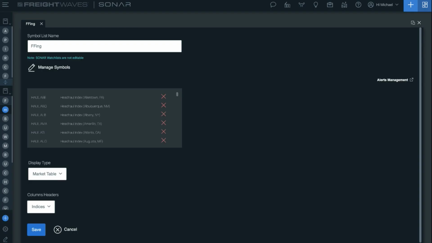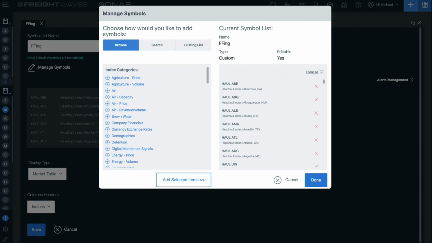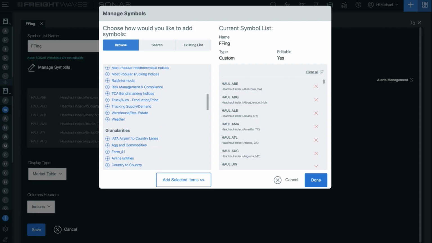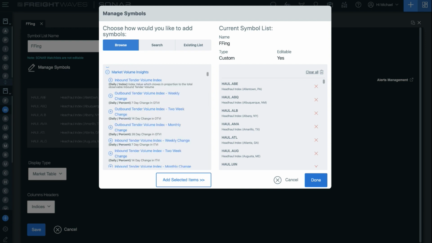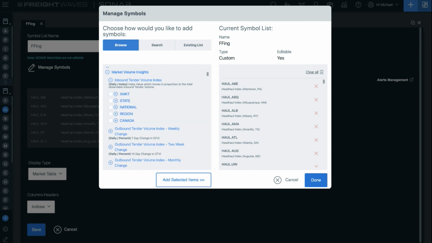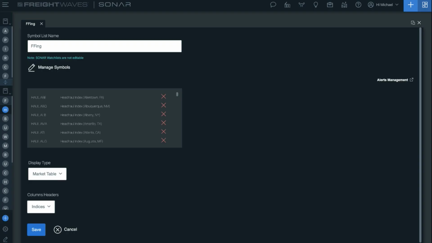We'll add those, and then we'll go back to the market volumes, and we'll add the inbound tender volumes as well. So we have those.